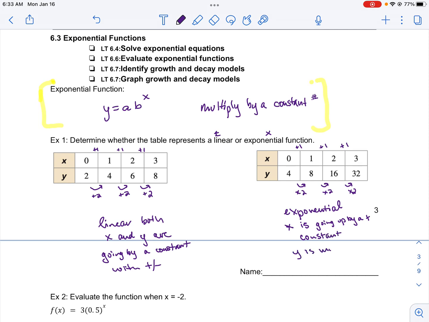Y is multiplied by a constant. Okay, so even though there's a plus on the x's, that's okay. You want that plus to be the same. The multiplication occurs on the y. So you might want to make a note of that. Occurs on the y.